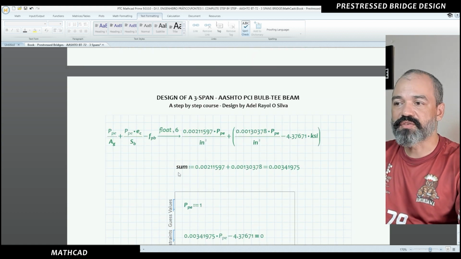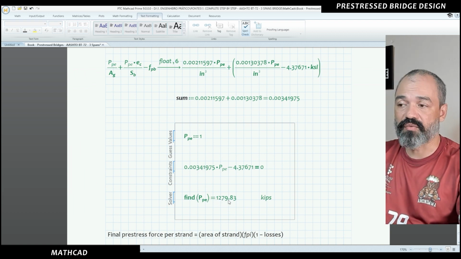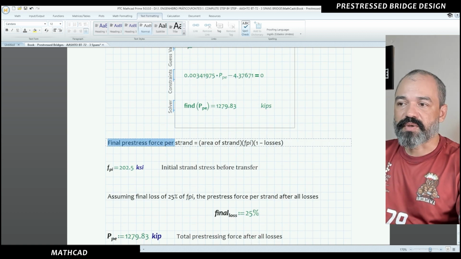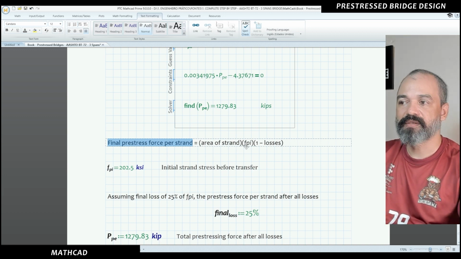So I solve it for the Ppe. We found at the end of the day a number of 1,274 kips, right?